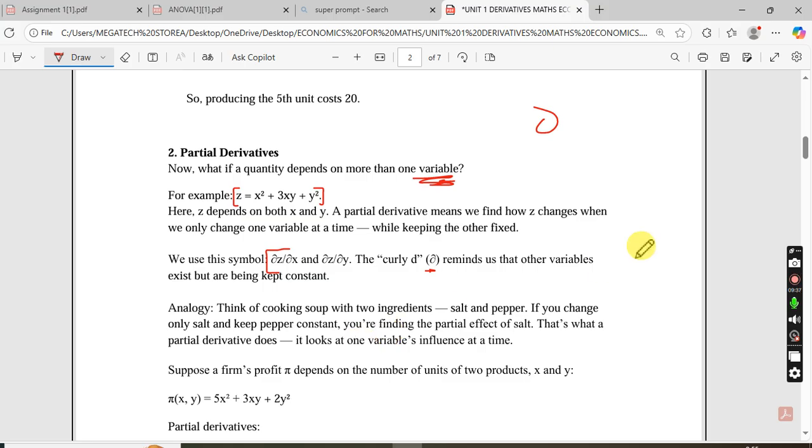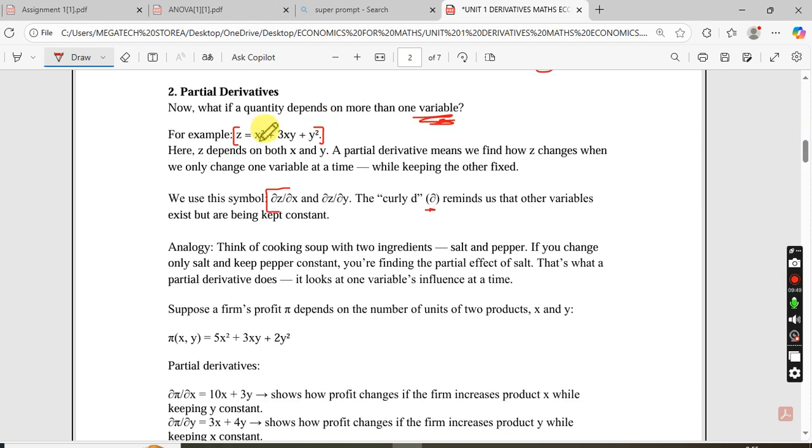If we look at this function here and want to derive it, we need to derive first with respect to x and then with respect to y. So z equals x squared plus 3xy plus y squared.